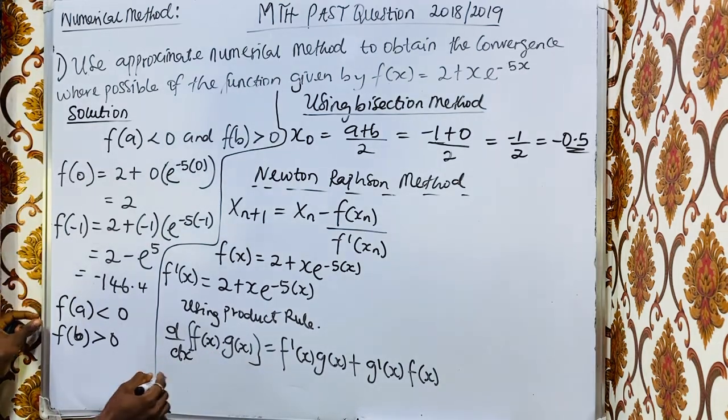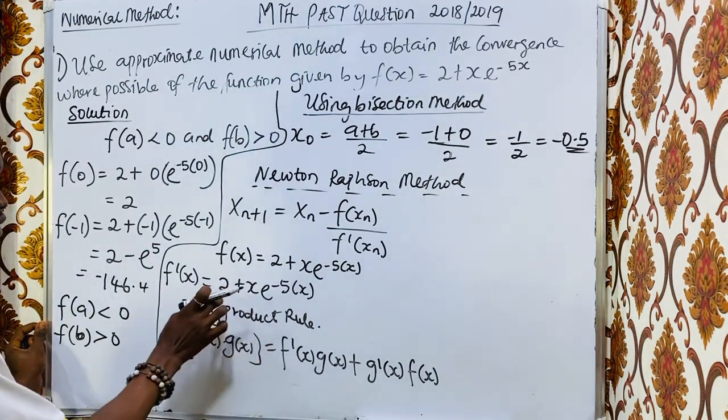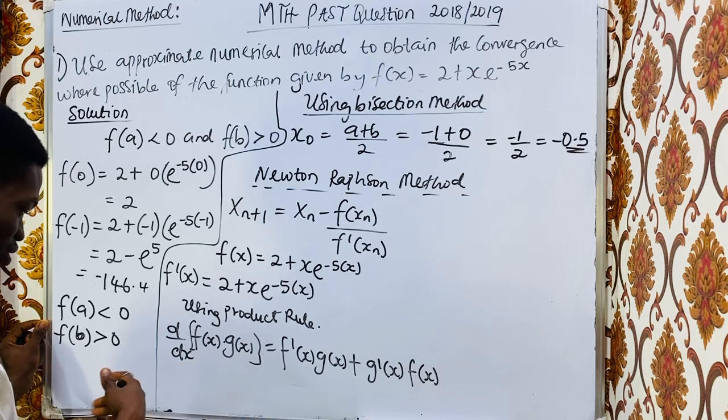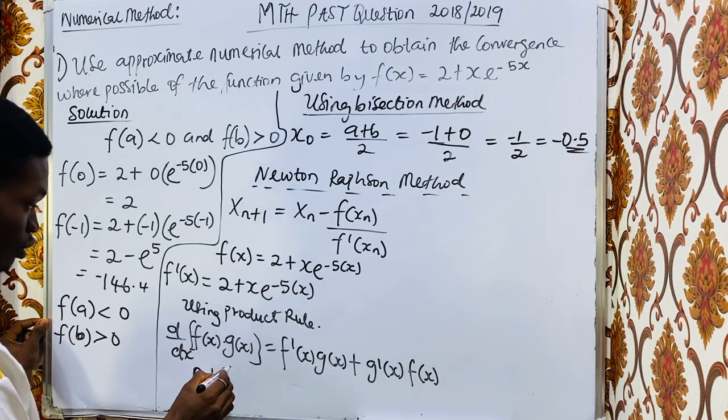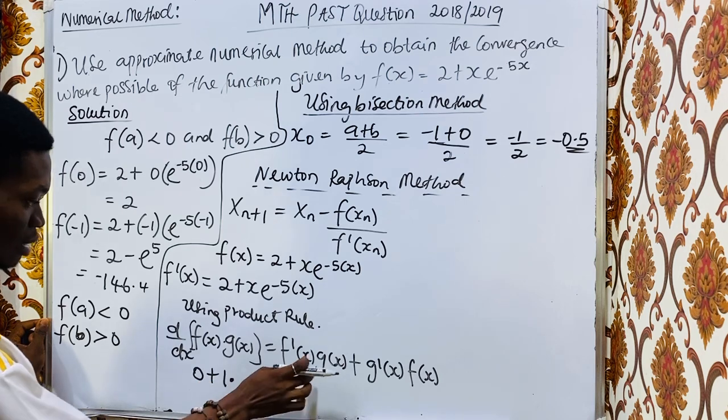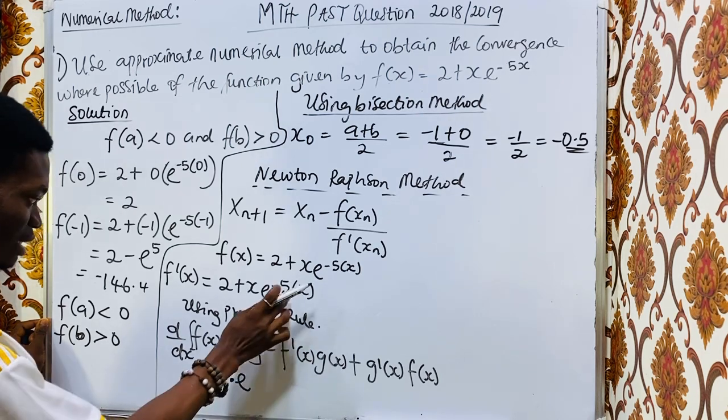Using this rule, differentiating the first term, 2, is already 0, so it's out. So we have 0 plus the derivative of x, that's the first one, which gives 1 times g of x, which you keep constant, that is this.